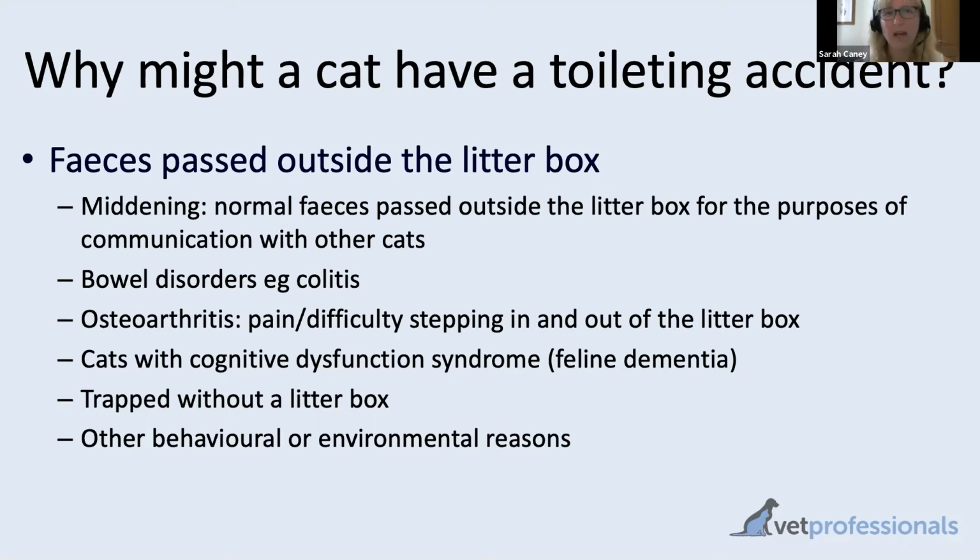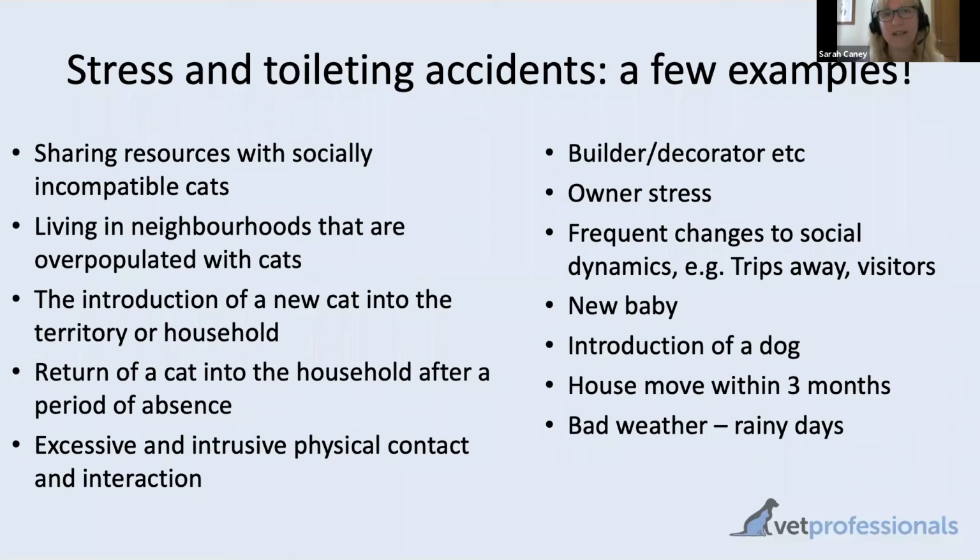And in fact, any of you that either attended or listened on catch up to the session where I was talking about idiopathic cystitis a couple of weeks ago, what we sometimes now are calling stress cystitis in cats, will remember this slide or something similar, with examples of stressful situations for cats.